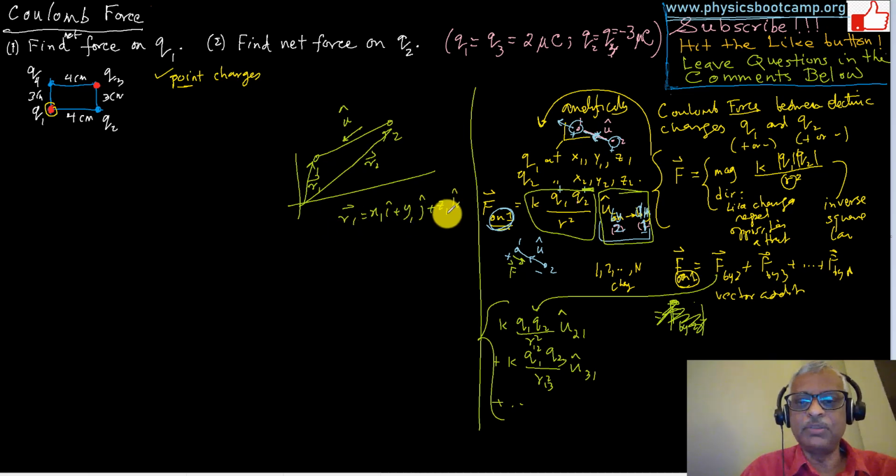And r2 will be similarly. So this is the r vector I want, this direction vector. So this plus this equals that, so r plus r2 equals r1. So the r vector is r1 minus r2.